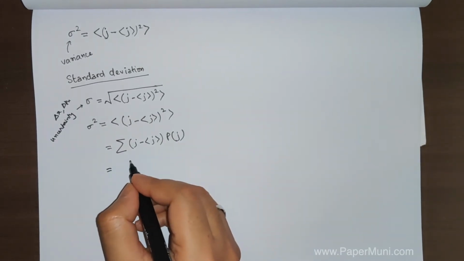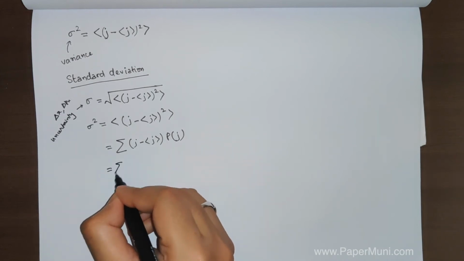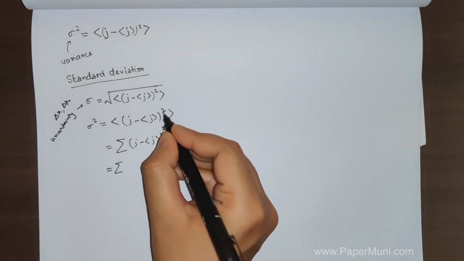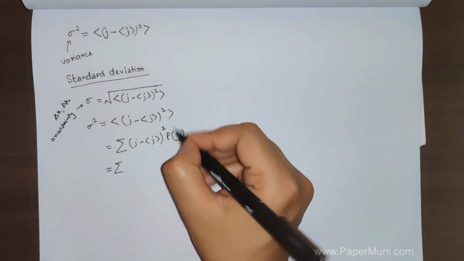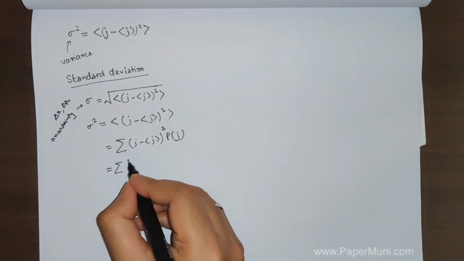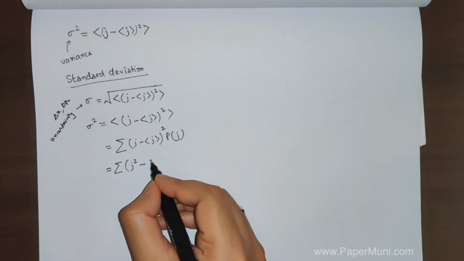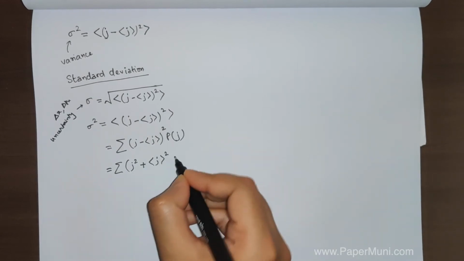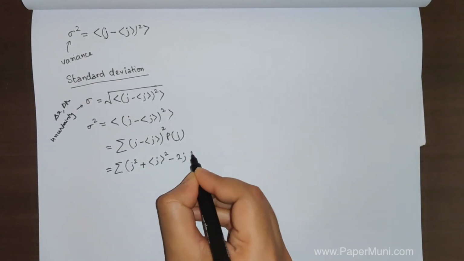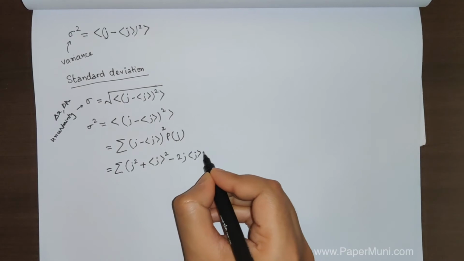Now if you expand this quantity, we have a square here. This is the definition of mean. If you square it up, what do you get? j square plus the mean of j whole square minus 2j multiplied by the mean.